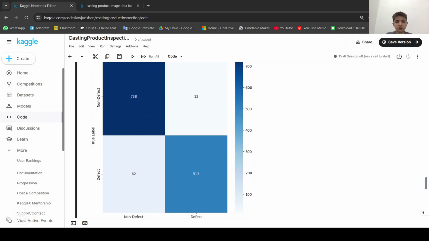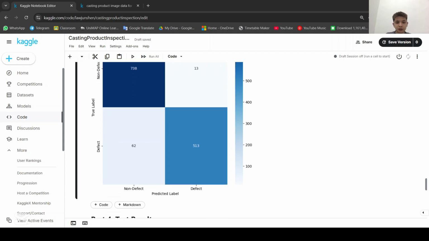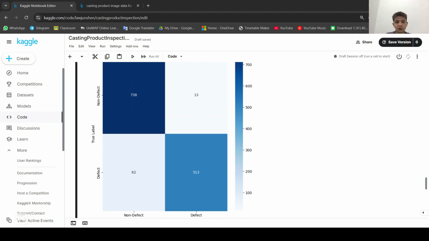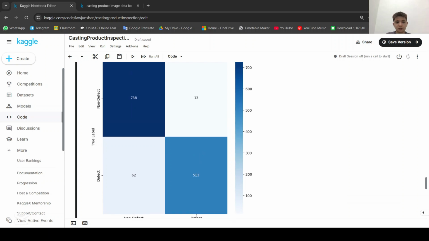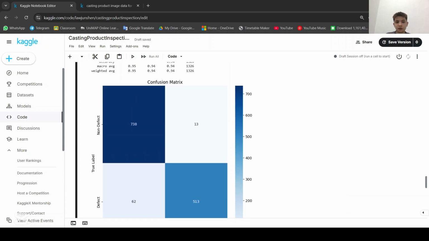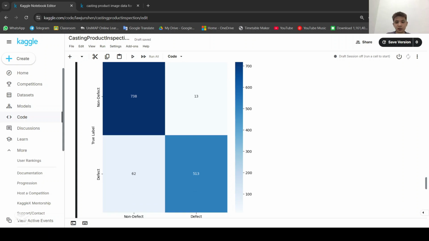Next, if we see the confusion matrix, comparing the true label and predicted label, you can see most of the classes are detected correctly. For non-defect, we get most of the results here.